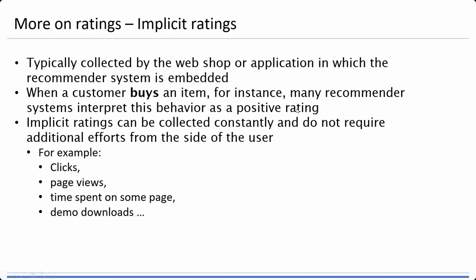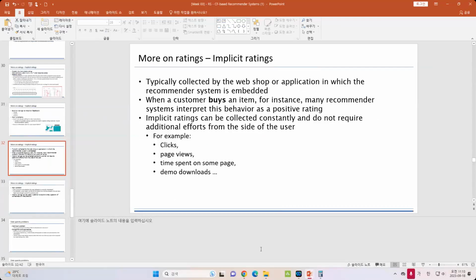Okay. So implicit ratings can be collected constantly and do not require additional effort from the side of the users. What does it mean? For example, clicks. Do you know clicks?